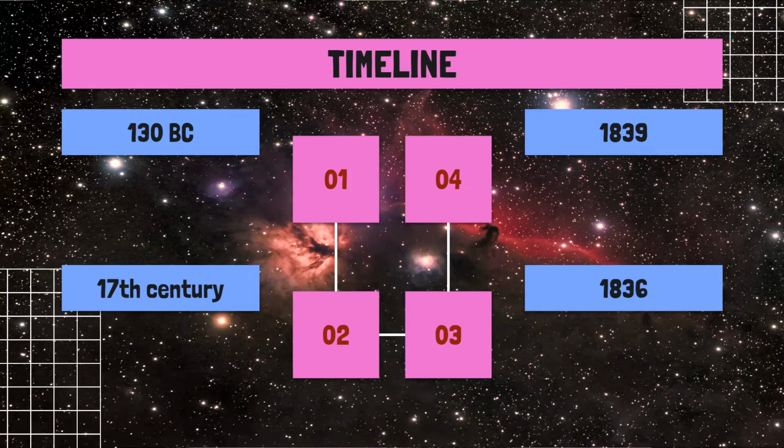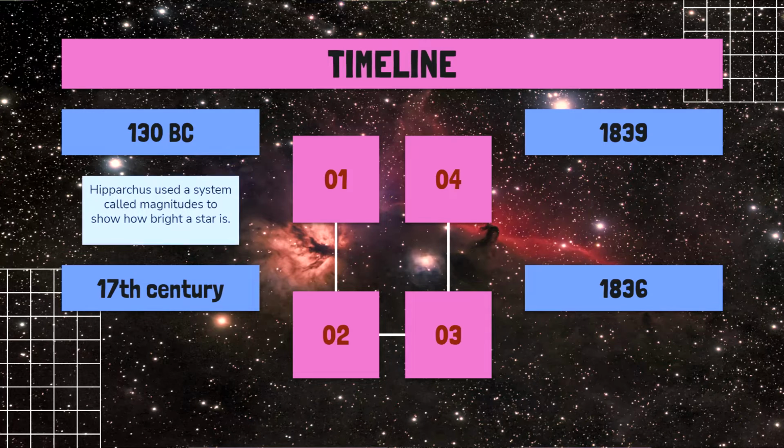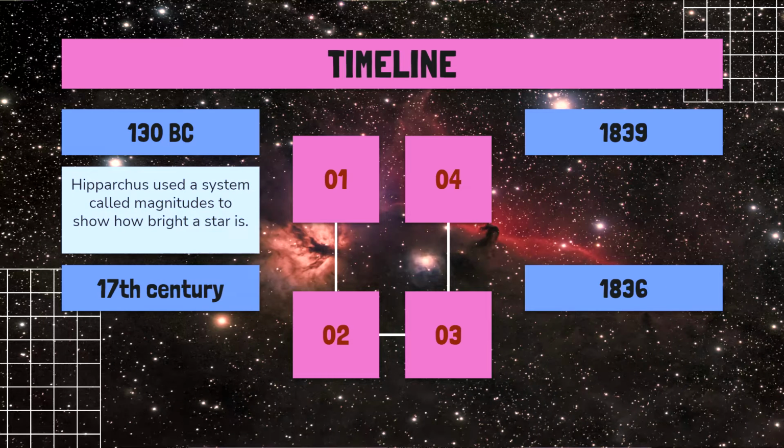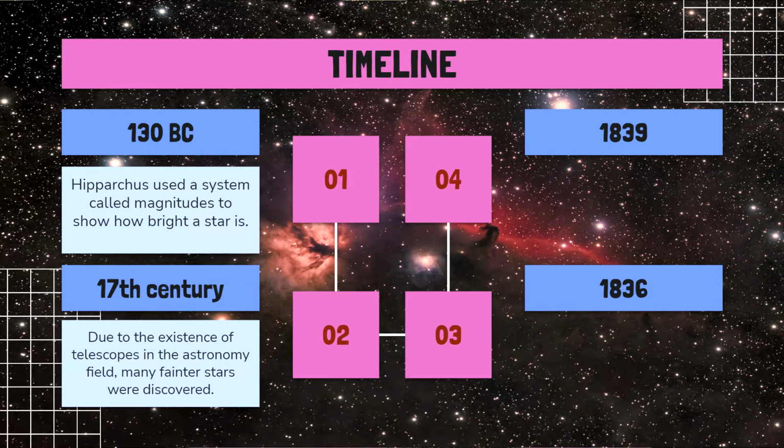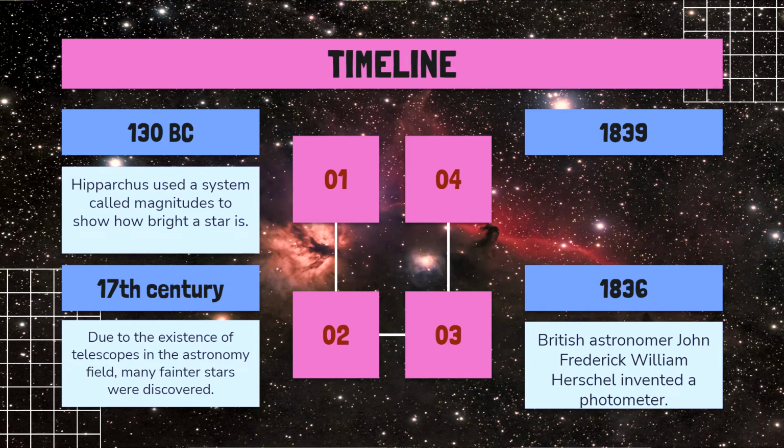In 130 BC, Hipparchus used a system called magnitudes to show how bright a star is. And then, in the 17th century, due to the existence of telescopes in the astronomy field, many fainter stars were discovered.